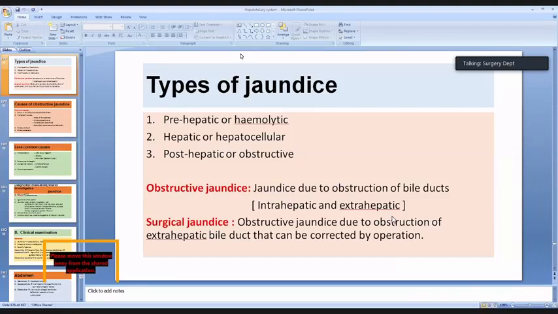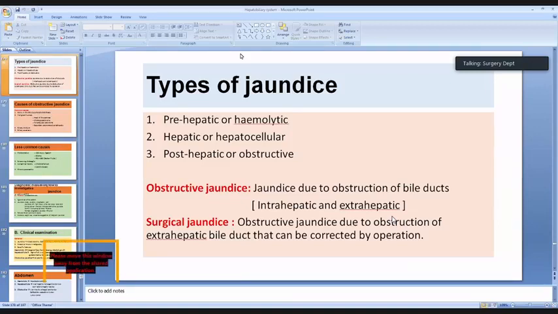But in post-hepatic jaundice, up to the liver conjugation is all right. There is obstruction to the flow in the liver or outside the liver. So in obstructive jaundice or post-hepatic jaundice, usually the bilirubin is conjugated.